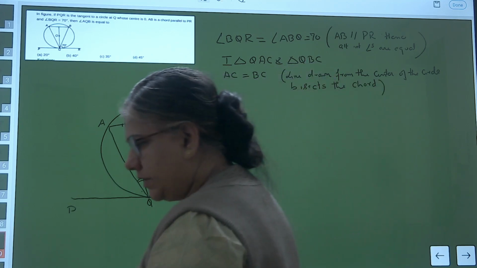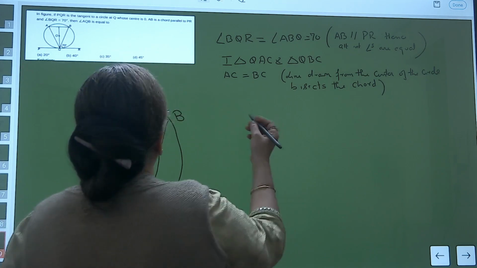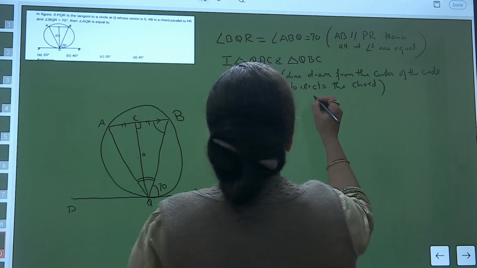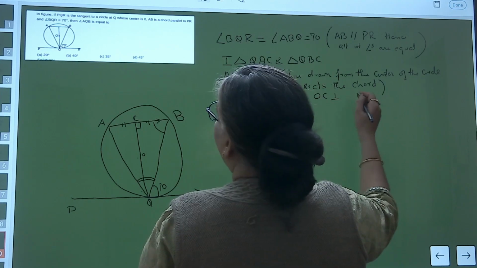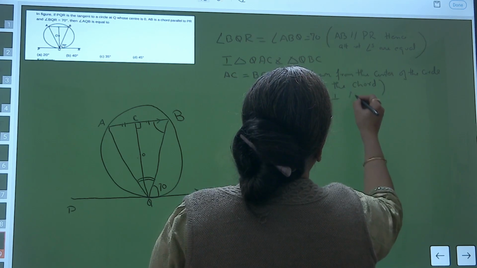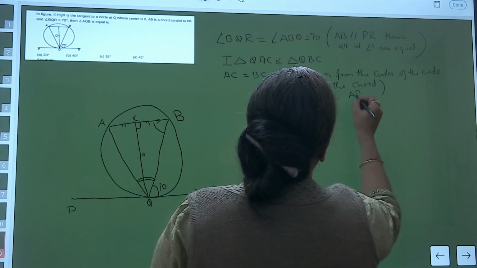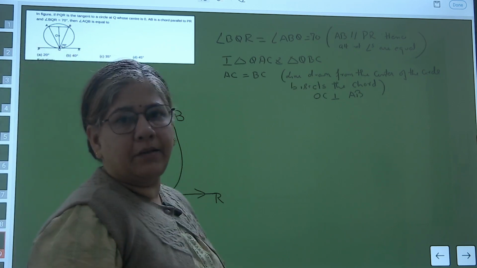So this is the reason, and we know OC is obviously perpendicular to AB. A perpendicular drawn from the center of the circle to the chord will bisect the chord.